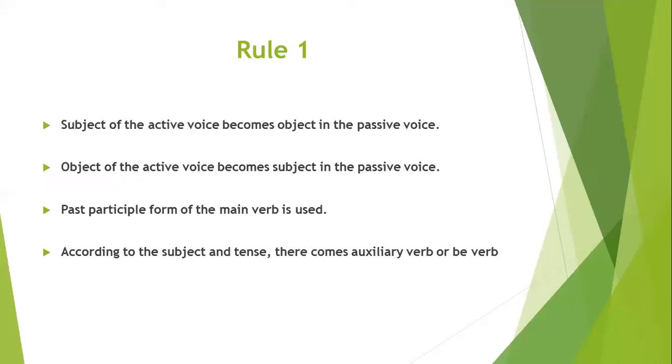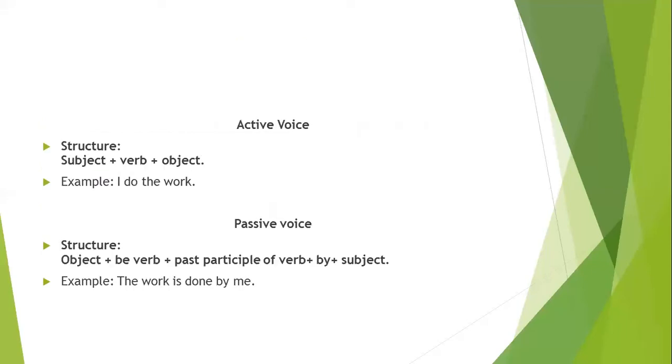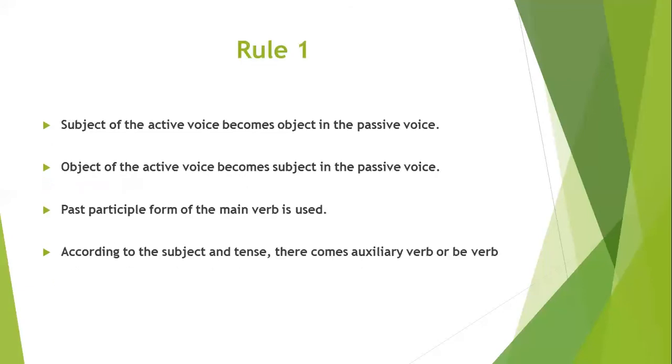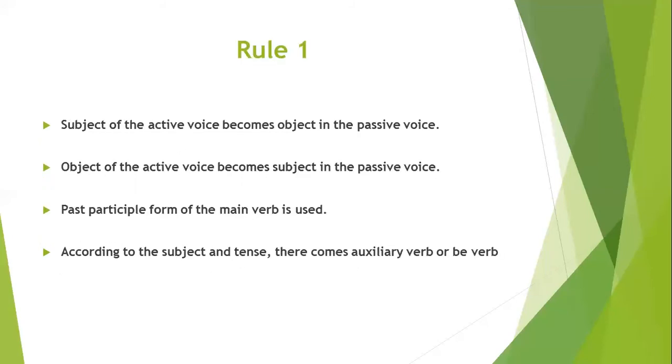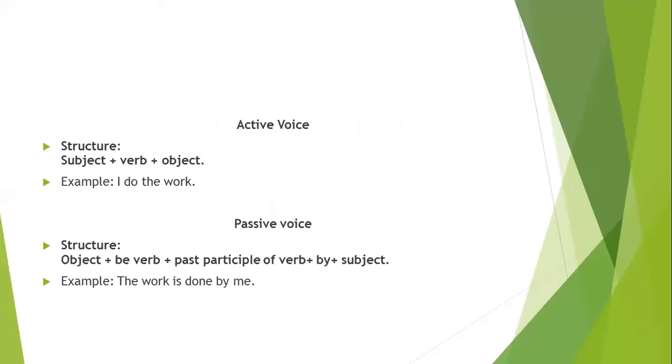Again, let's go back. Next, past participle form of the main verb is used. Let's see the example again. Next, according to the subject and tense, there comes auxiliary verb or be verb. See the examples.